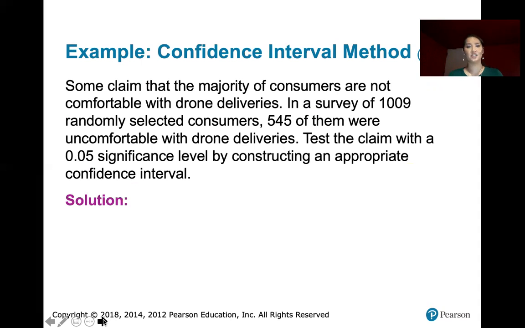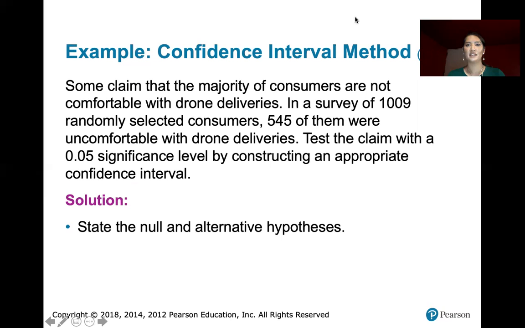Okay, the first thing we need to do anytime we're doing a test of a hypothesis or a test of a claim is come up with the null and alternative hypotheses. So first we identify the claim. It's at the very beginning here.